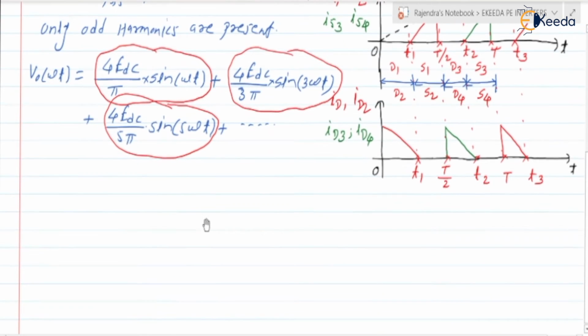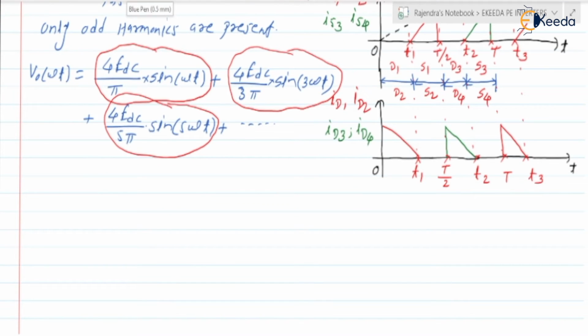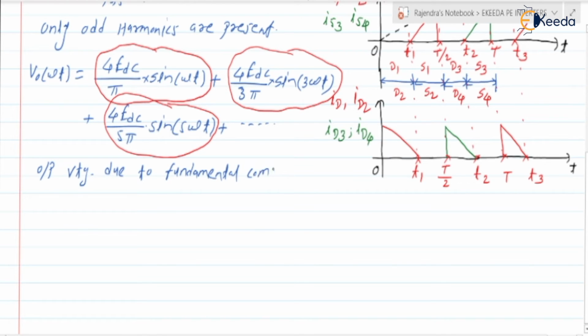So the output voltage due to the fundamental component is V01 of omega t, or V01 only, equal to 4 Edc by pi into sine of omega t. This output voltage due to the fundamental component is a sinusoidal waveform.